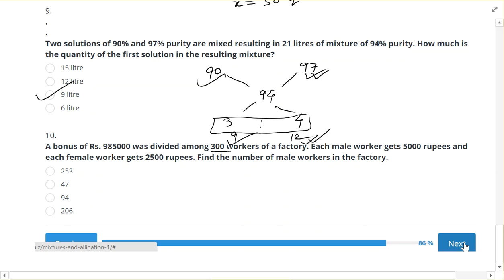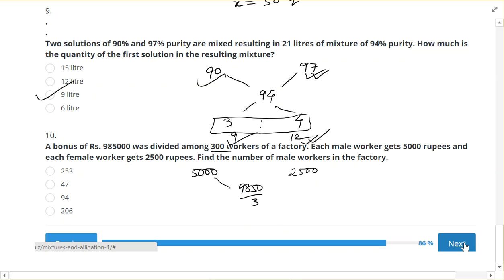Each male worker gets 5,000 and each female worker gets 2,500 rupees. 5,000 is the average of male wages, 2,500 is the average of female wages, and if we divide 985,000 by 300, we get 9850 by 3.